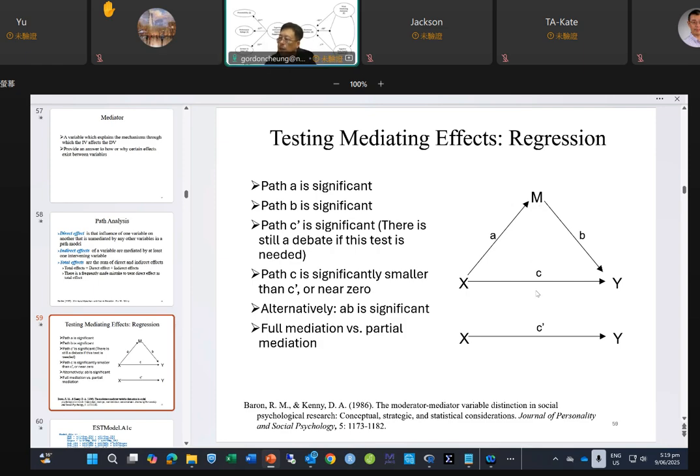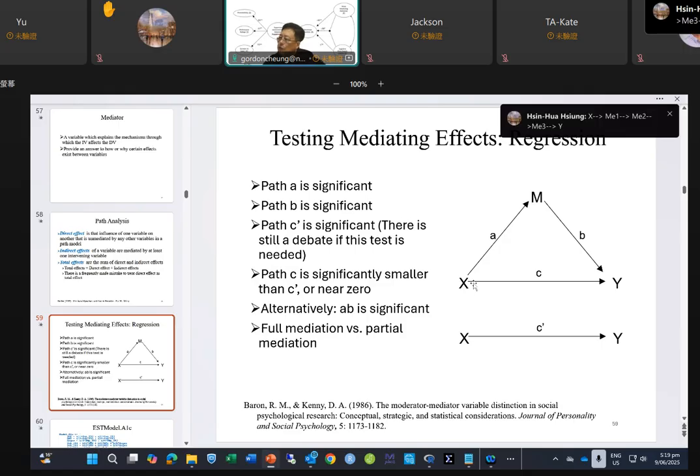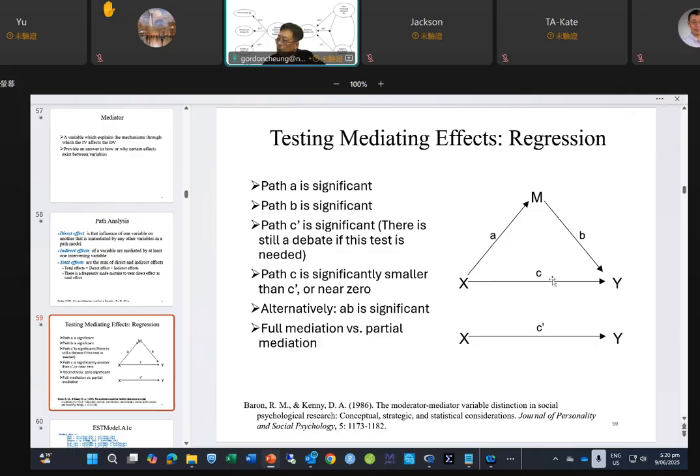Have I explained myself clearly? That means in the hypothesis, we do not have this path. However, you need to estimate this path because in the discussion, if A times B is significant, then you will interpret whether it is a full mediation or partial mediation by looking at whether C is significant or not.